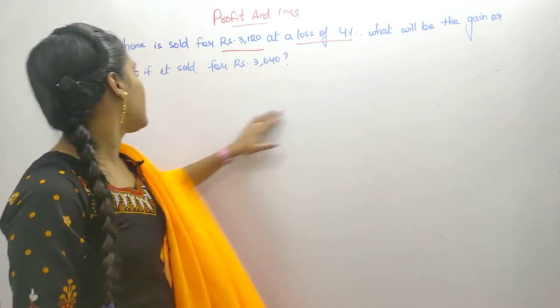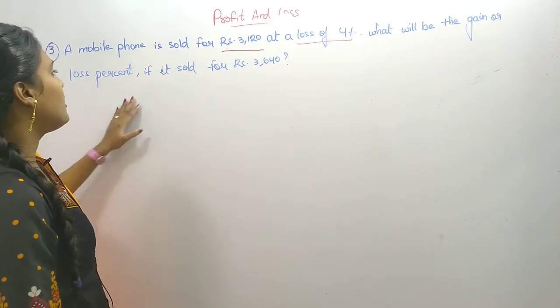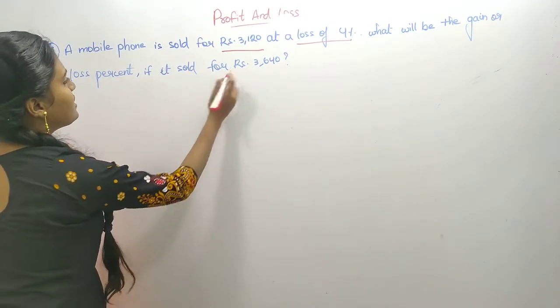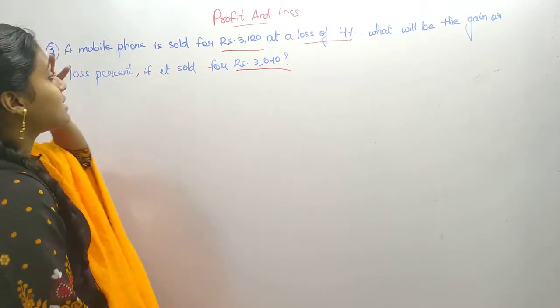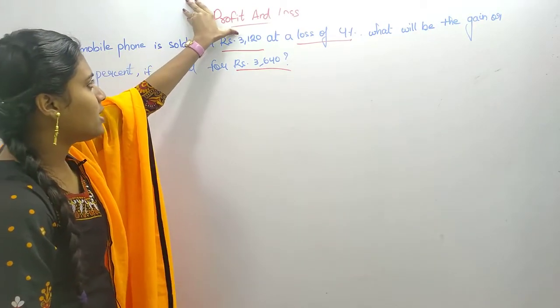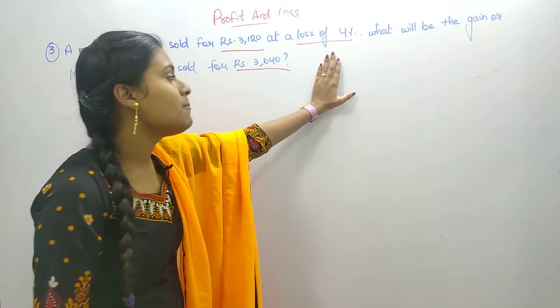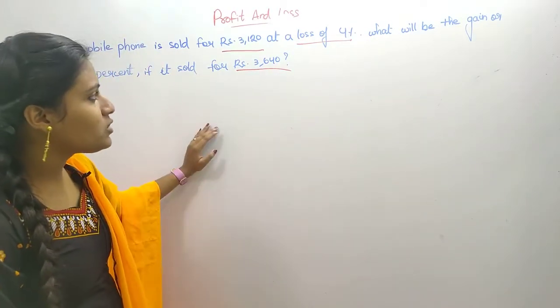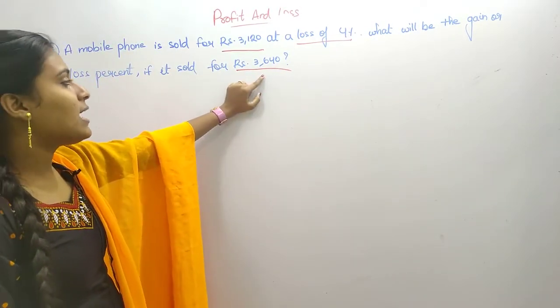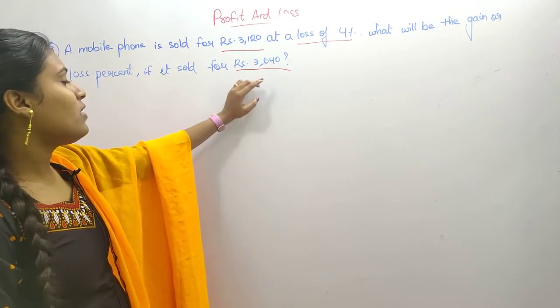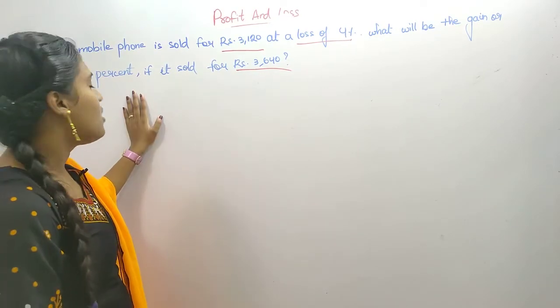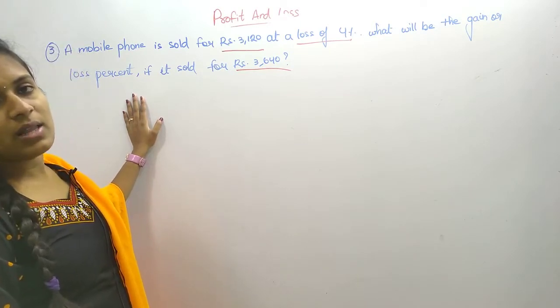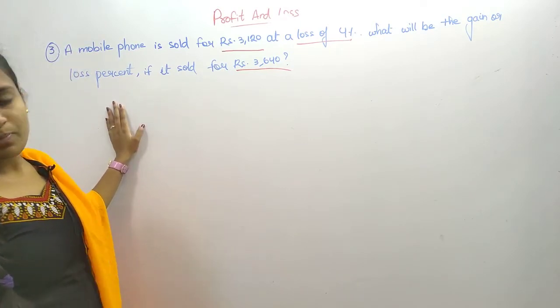What will be the gain or loss percent if it is sold for rupees 3,640? Otherwise, if he sold the mobile phone at this much and gains, he will get gain percent. Let's solve the problem to find out.